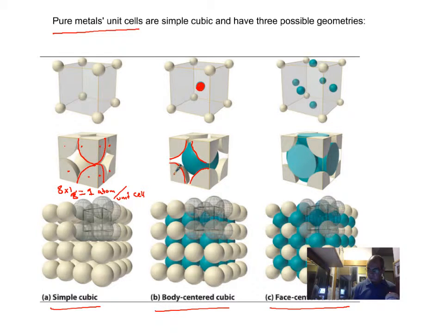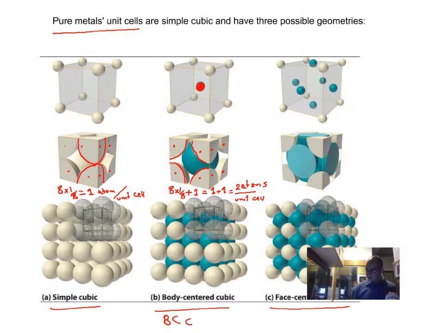But if you want to calculate how many atoms you have per unit cell, you have 1, 2, 3, 4, 5, 6, 7, 8 corners, 8 times 1/8 of an atom, plus 1 whole atom inside. So that is 1 plus 1. There are 2 atoms per unit cell for body-centered, and body-centered is sometimes shown as BCC, body-centered cube.